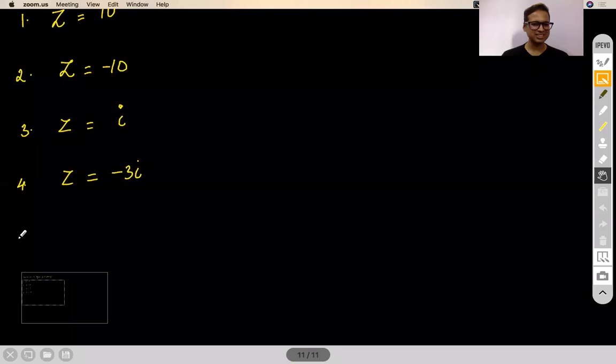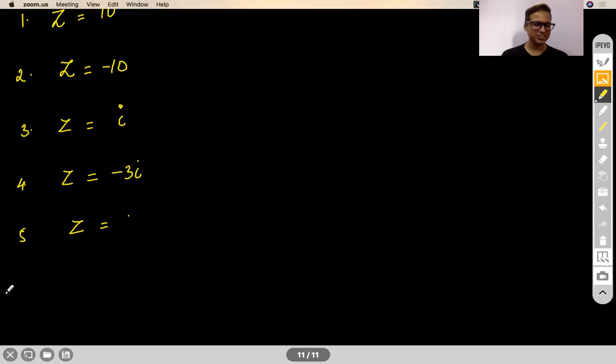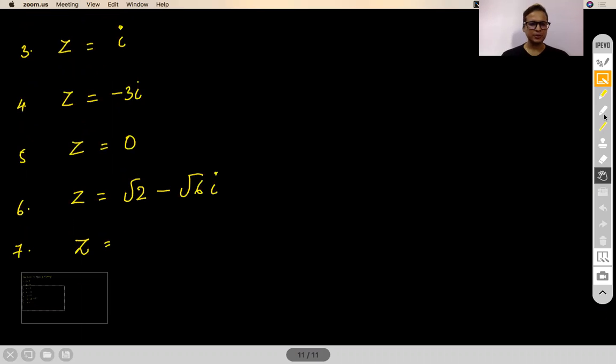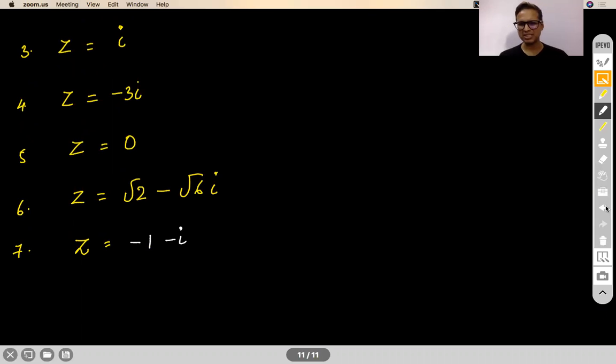So a few basic ones. 0. 0 is also a complex number, yeah. Let's have root 2, negative root 6 i. Let's have minus 1 minus i. Okay, I think more than this we need not do. Let me write it in yellow only.